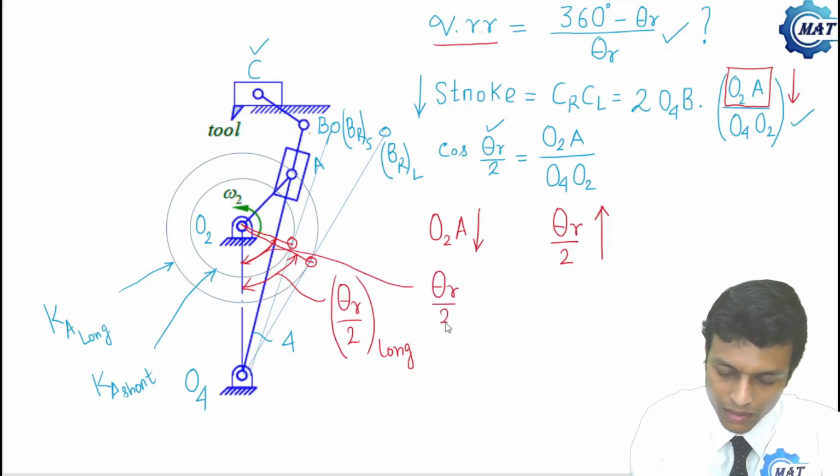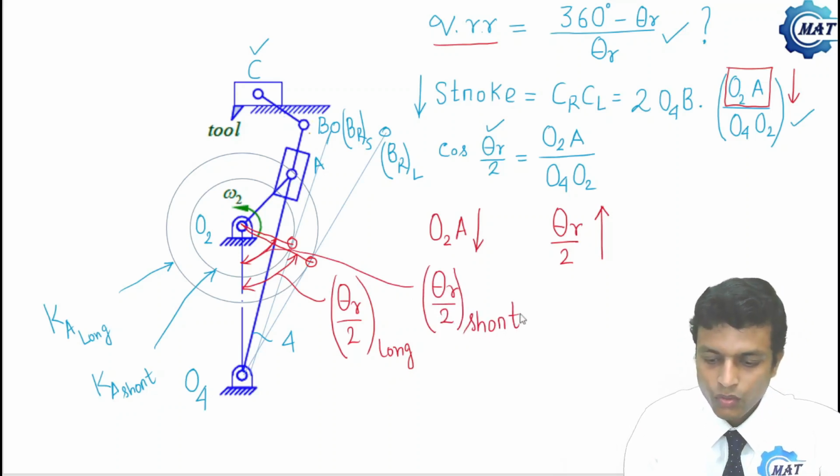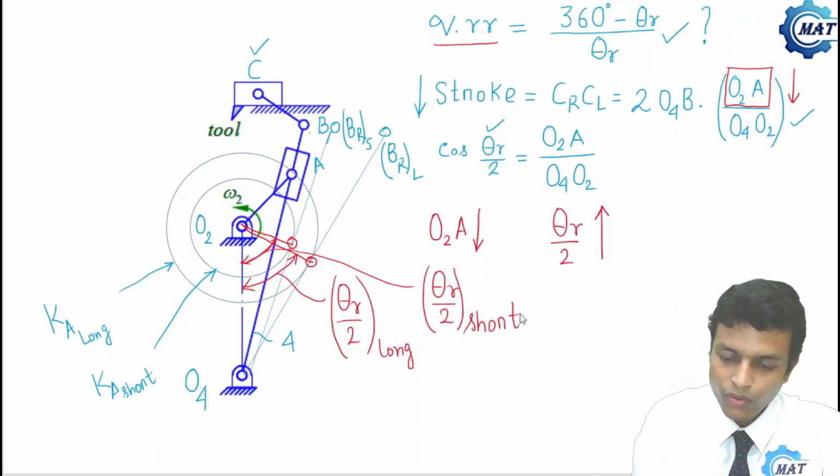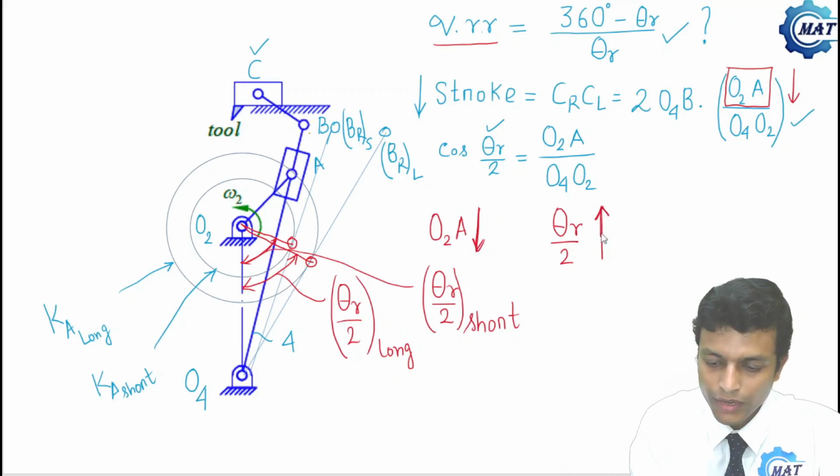So this is theta r by 2 for short crank. So we have seen that if we reduce O2A, the value of theta r by 2 increases.